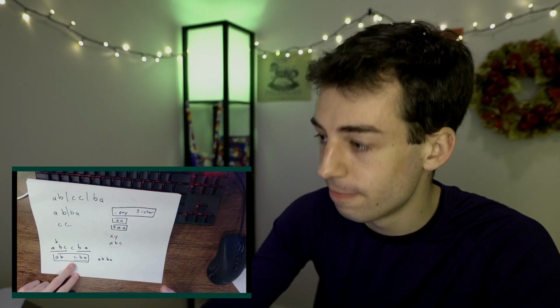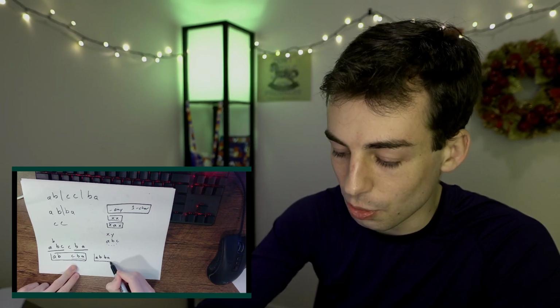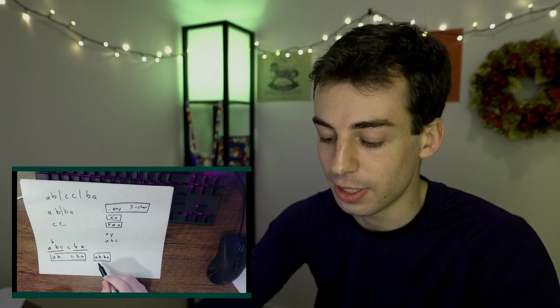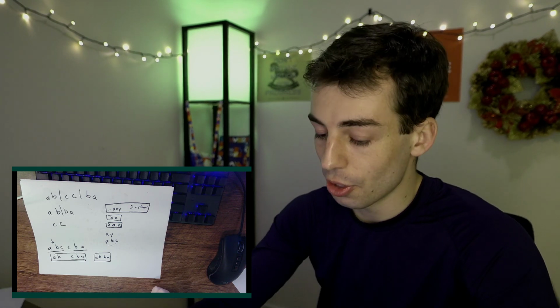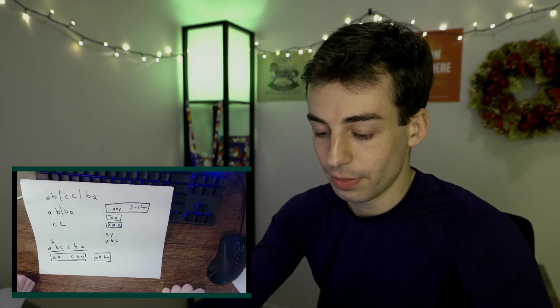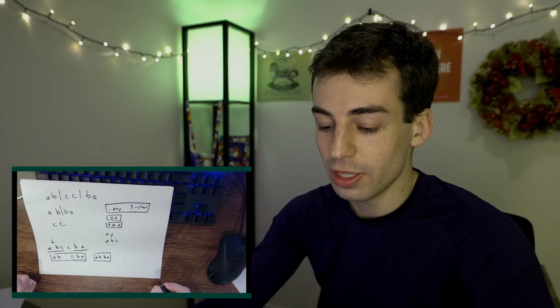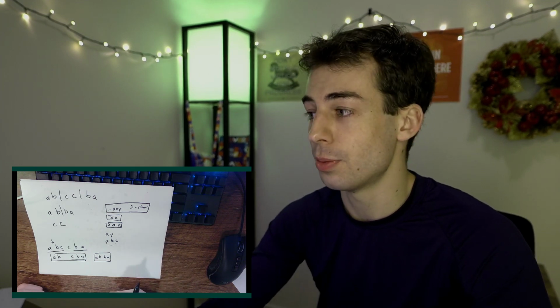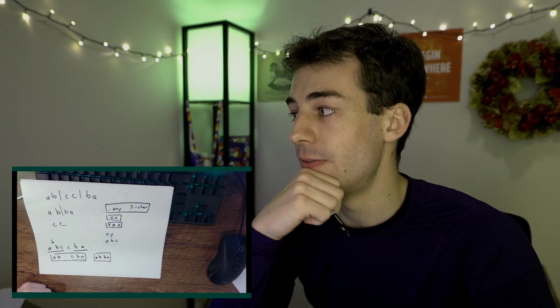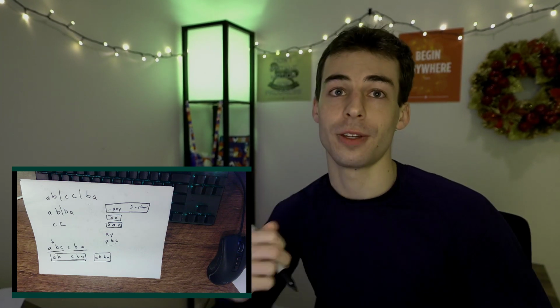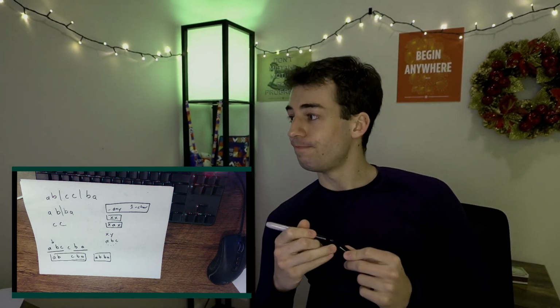We have AB and then BA, and in this case also we can stop right away because AB and BA just match. So that's the idea. If this is possible, it's possible using either 1 or 2 strings, which makes it very easy to check because there just aren't that many possibilities.